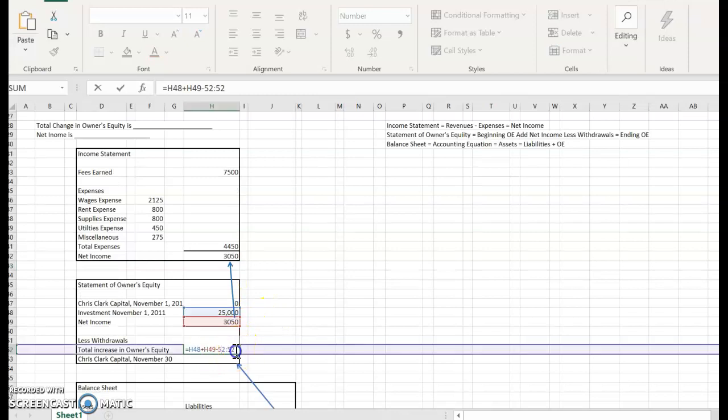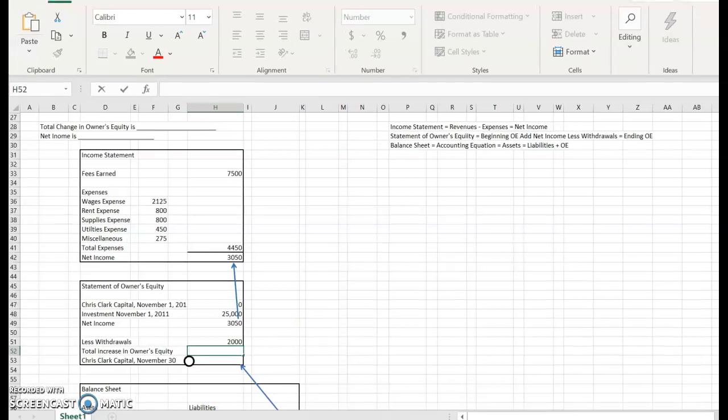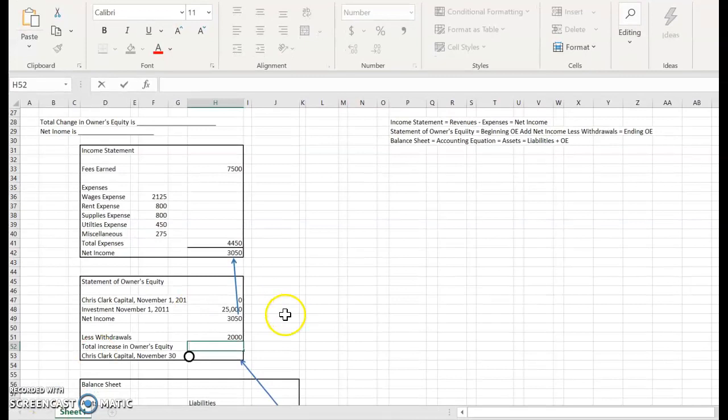Okay, and then your withdrawals is going to be $2,000, and I'm trying to make this screen a little bit bigger so I can see it better. But the total increase is going to be your investments plus your net income minus your withdrawals, and that would be $26,050.